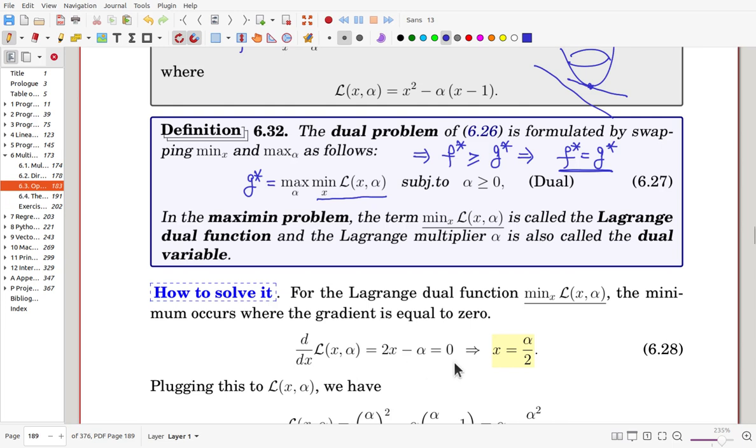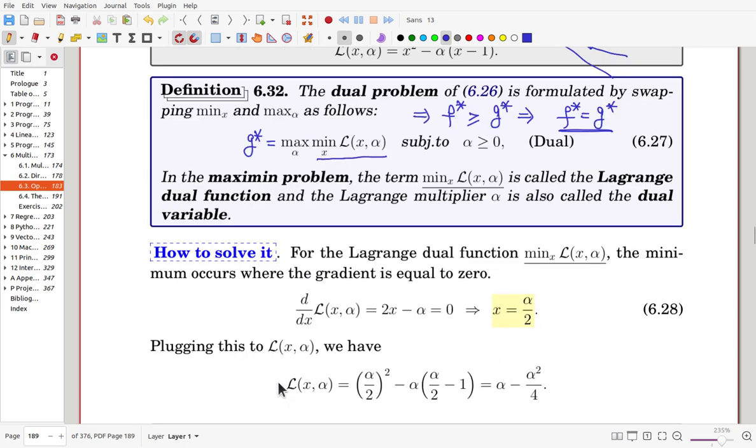Now we set it to 0. Then x is alpha over 2. By using this equation, we can express the Lagrangian as a function of alpha, replacing x by alpha over 2 here. So we reach this.